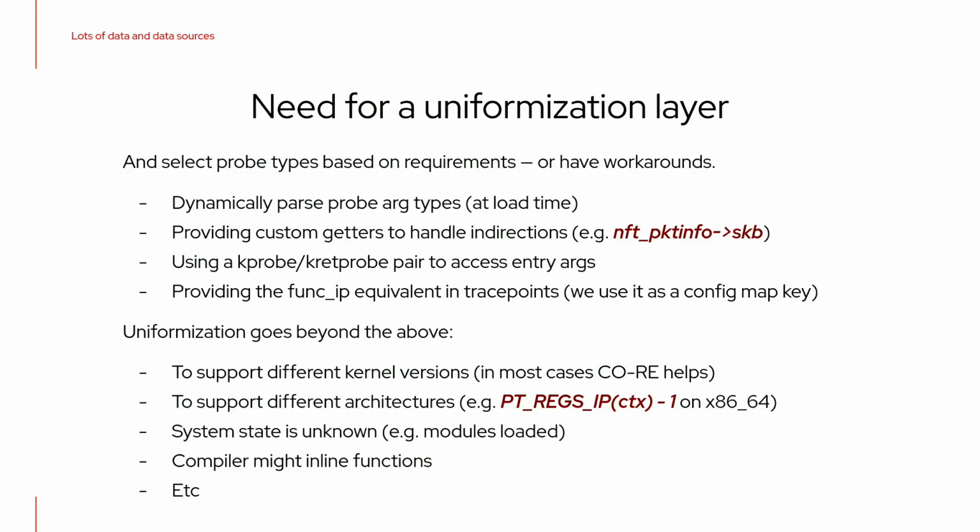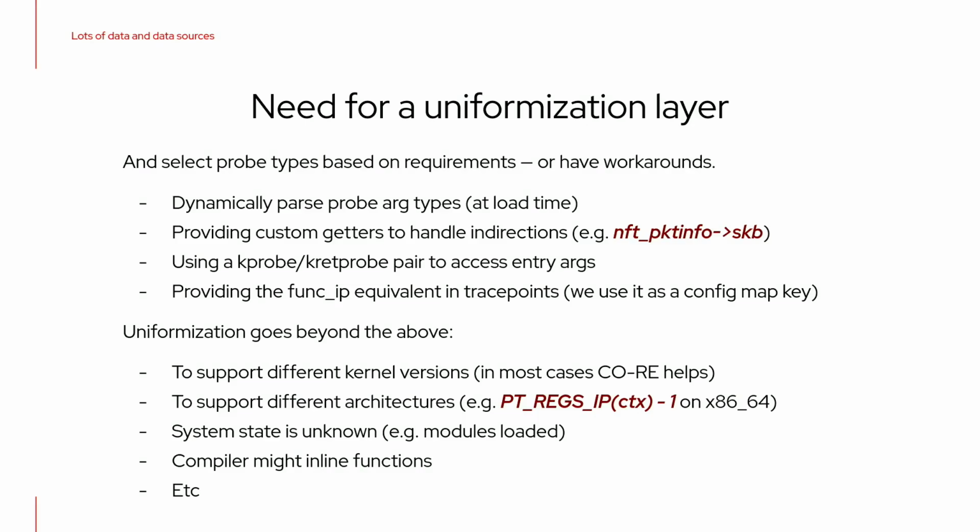You also need to select the right eBPF feature set. For example, which kind of probe types do you want to support? Because this will have an impact on what you're able to do. So a few things you need to do is to uniformize the input to get the right argument, to get indirection.